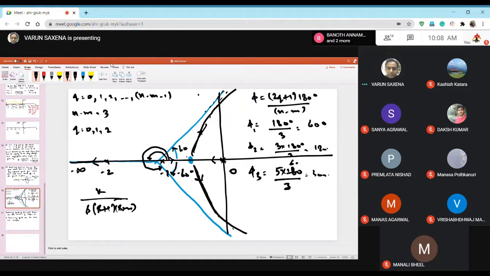Okay. Now there is one thing very interesting happening here in this root locus: there is a point on this curve and there is a point on this curve where the root locus is intersecting the imaginary axis. It is this point and it is this point.